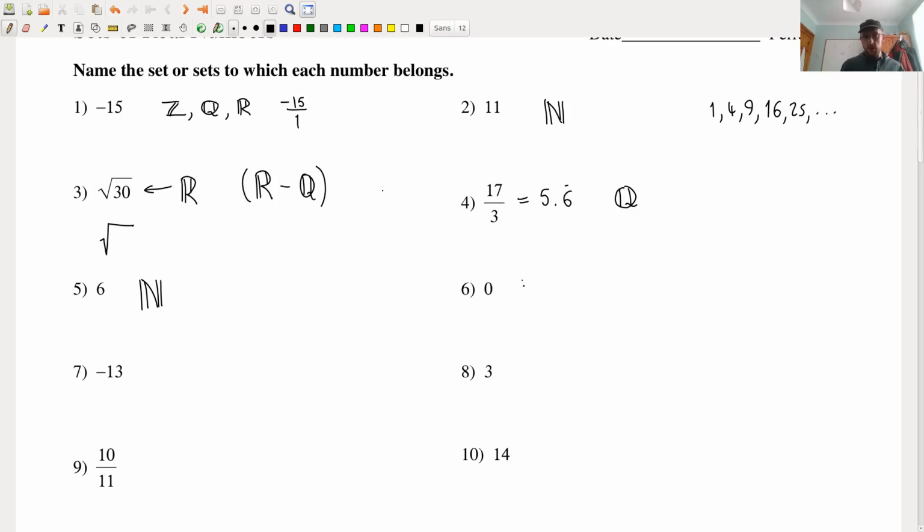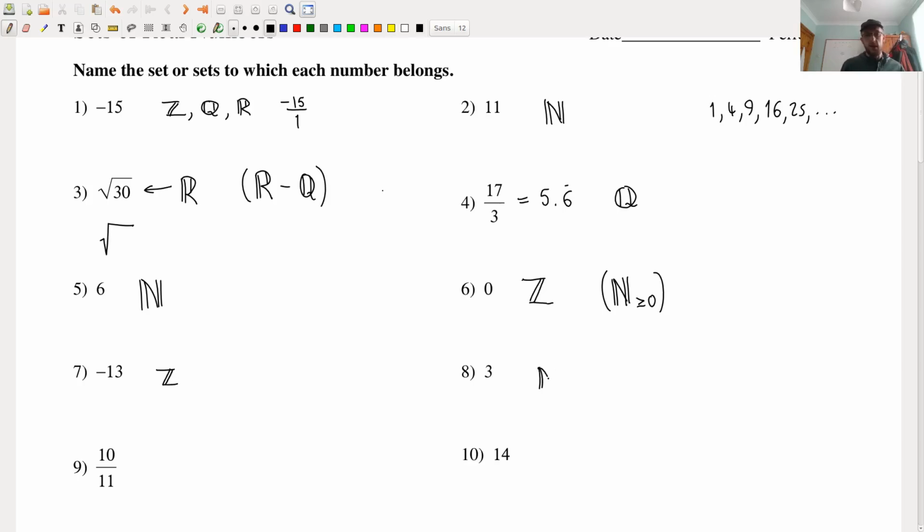I would say that 0 is an integer. Nobody would dispute that. But some people might say, it actually belongs to the natural numbers. But if you really want to be unambiguous, you can write natural numbers like that and write down greater than or equal to 0. That's a happy compromise to satisfy everyone. Negative 13 is clearly an integer.